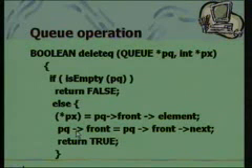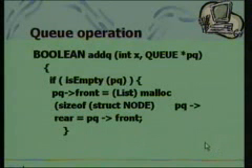Accordingly, the front will be pointed to the next node, which is going to be deleted in the next cycle. Finally we are returning true if the deletion from the queue is successful.